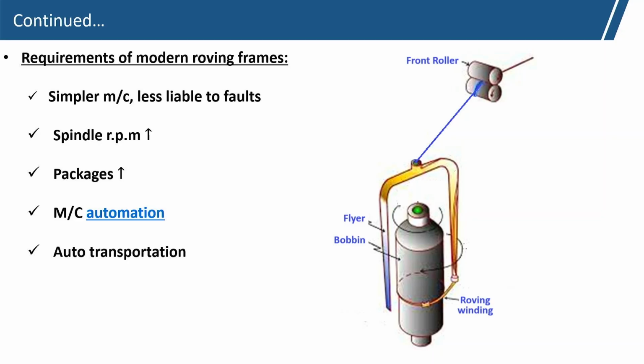That means the flare has to be top mounted, not spindle mounted. Earlier it was the spindle mounted flare, but in case of modern automated doffing we need a top mounted flare.